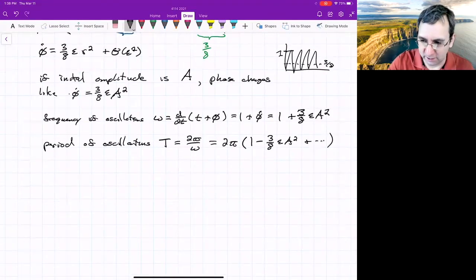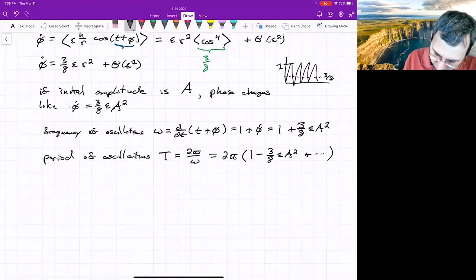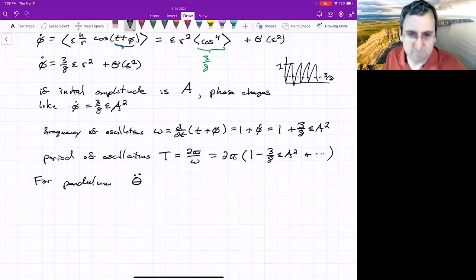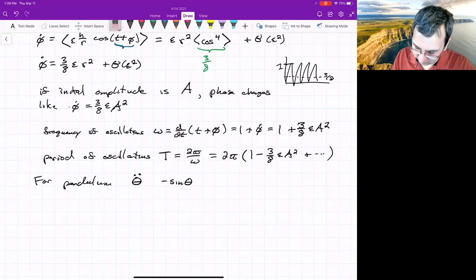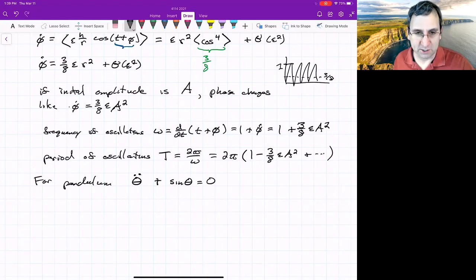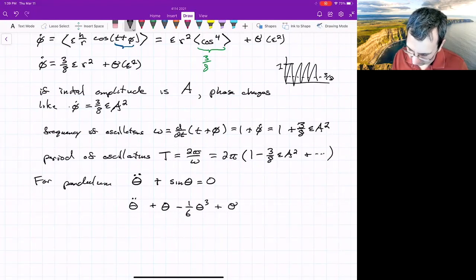Now, interestingly, the pendulum fits the Duffing system. What do I mean by that? For the normalized pendulum, so rescaled, the equation is theta double dot equals negative sine theta. If we do a Taylor series expansion of sine theta, we get first theta, then minus 1/6 theta to the third, plus things that are of order theta to the fifth.